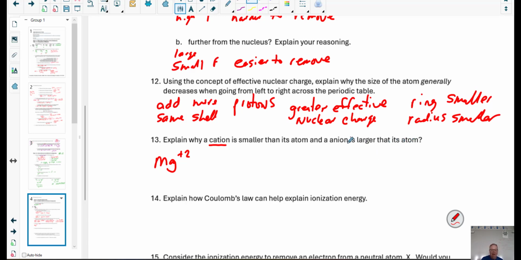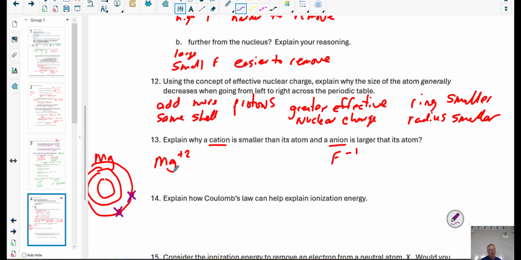An anion is something with a negative charge, like fluorine with a -1. So let's look at magnesium regular, which has, let's say, 3 rings. And magnesium plus 2, what did we do? We removed that outer ring.